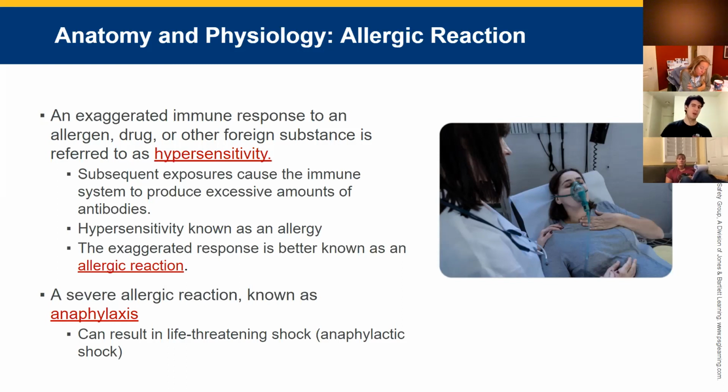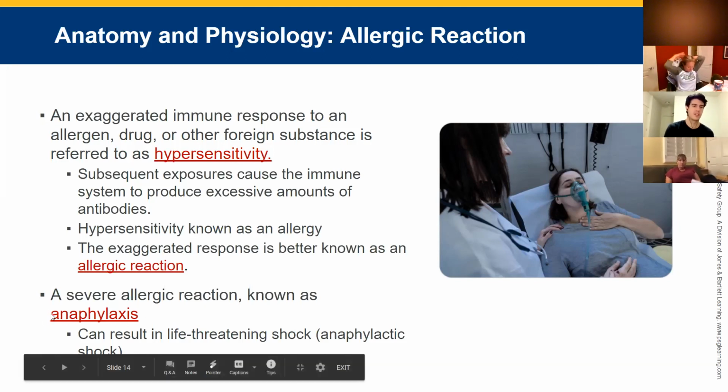It's actually your body's response to that substance being inside of it that causes all these problems. It's a way-too-far immune response that causes the difficulty breathing, the throat swelling, the blood pressure drops. All of it is caused by your own body's immune system in reaction to these things. And when this severe immune reaction happens, we call that anaphylaxis. So this just means a severe allergic reaction, and it is life-threatening.